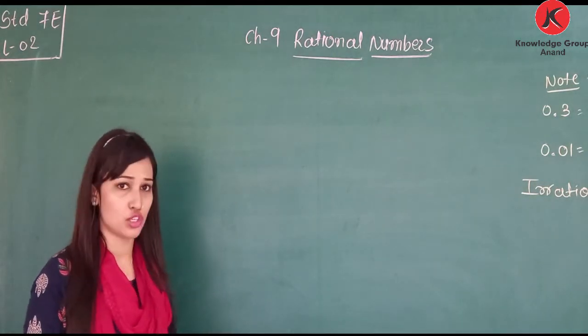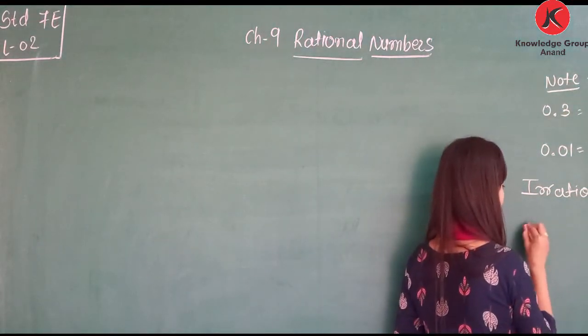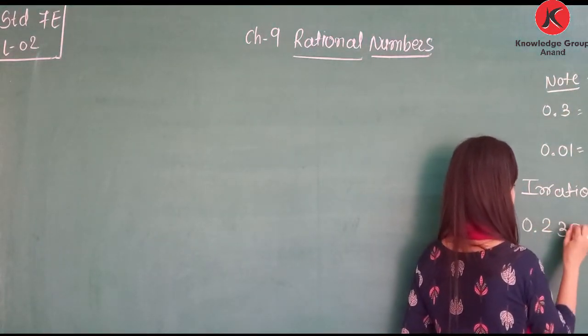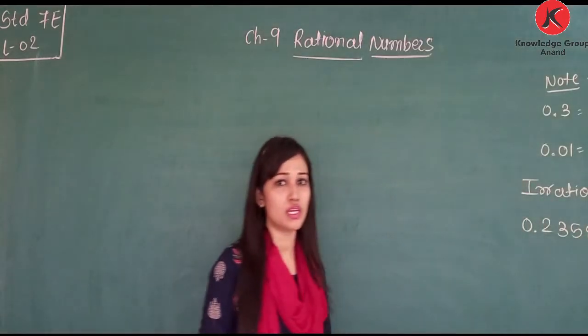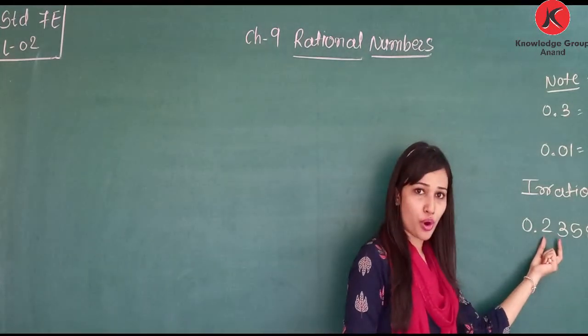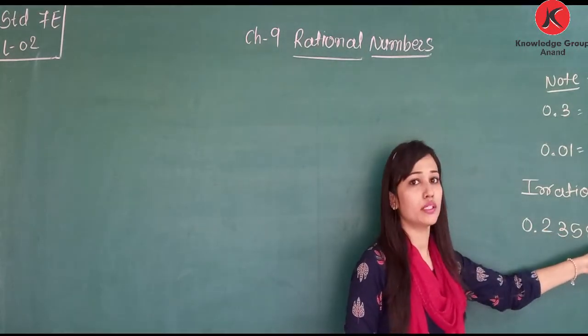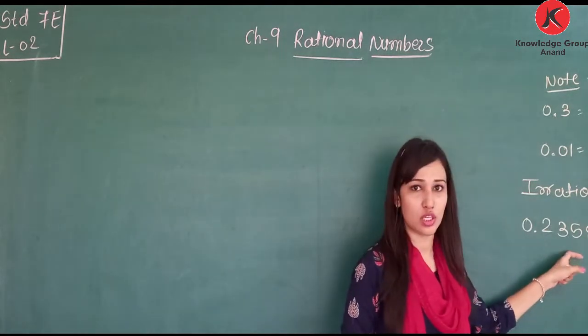So what is an irrational number? If we have a number like this, this decimal is an irrational number. Why? Because after the decimal point the numbers are not repeating. So this is an irrational number.